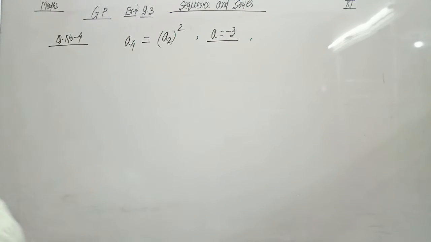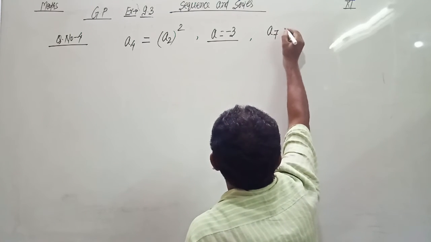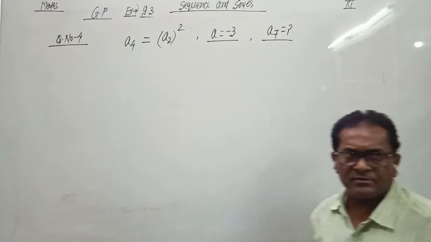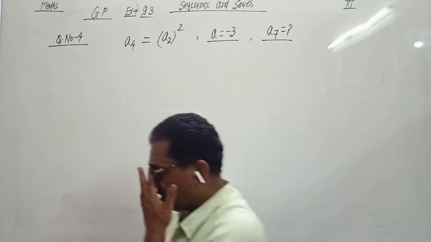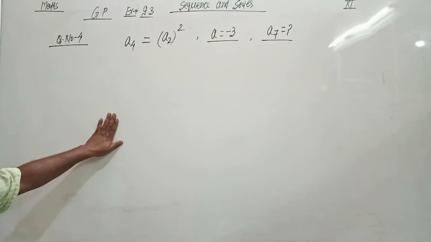Then we have to calculate the seventh term, A7. The condition given is that the fourth term of a GP is the square of the second term.